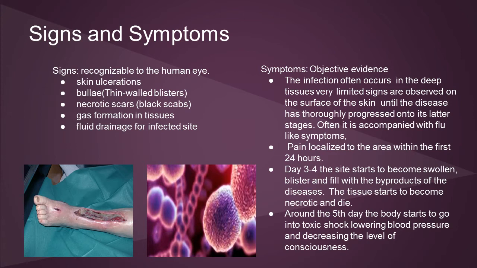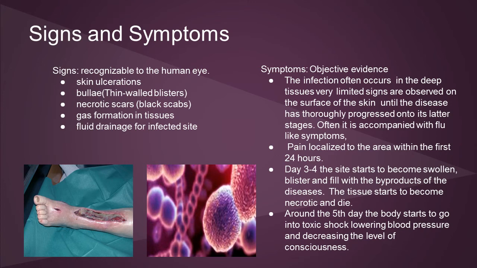Symptoms, objective evidence. The infection often occurs in the deep tissues. Very limited signs are observed on the surface of the skin until the disease has thoroughly progressed into its latter stages. Often it is accompanied with flu-like symptoms. Pain is localized to the area usually within the first 24 hours.